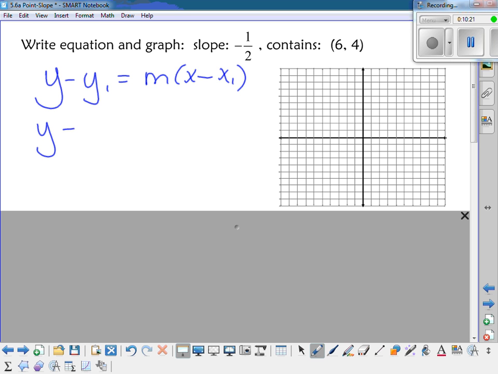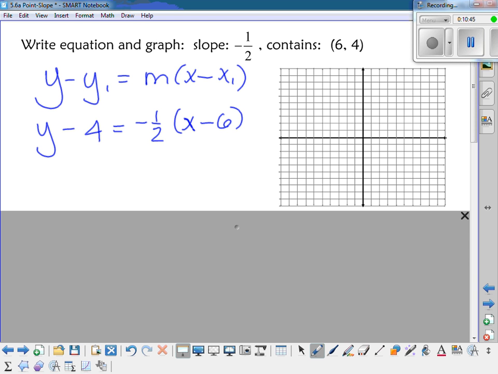So y sub 1 is what, everybody? 4. And everybody, what's my slope? -1/2. And everybody, what is x sub 1? It's 6, yes. Okay. So I have y minus 4 equals -1/2 times x minus 6.